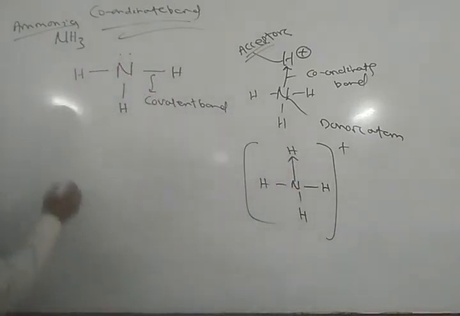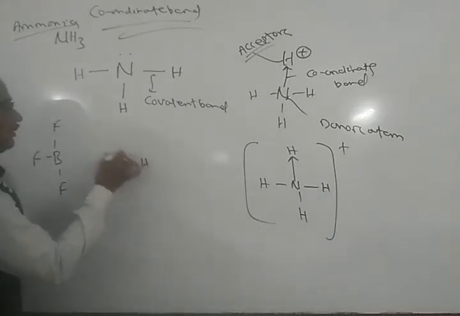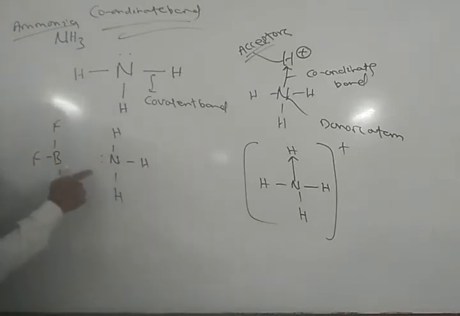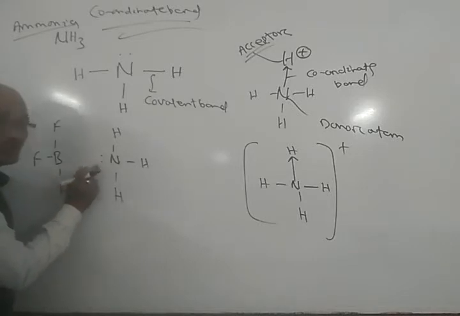Similarly, we can take BF3 and NH3. Here the nitrogen atom has a lone pair of electrons, 2, 4, 6, it has a stable octet.